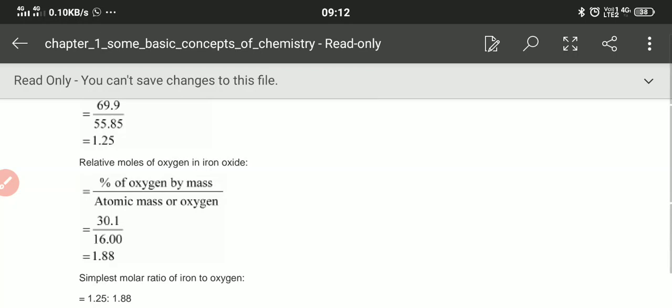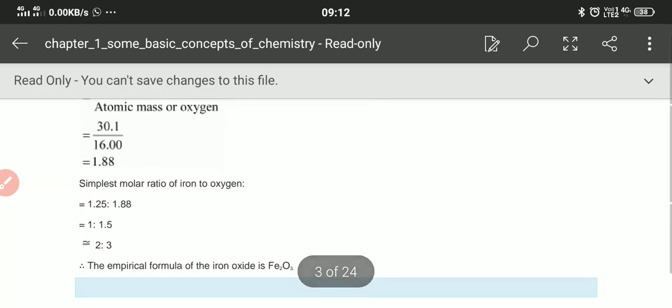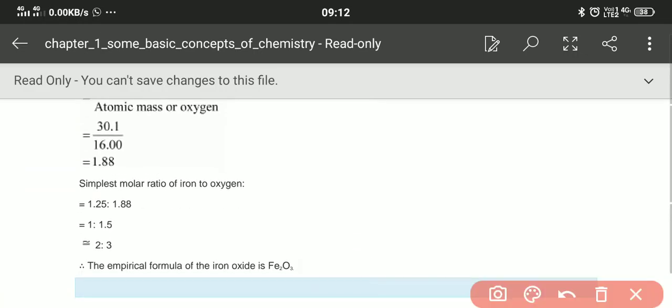And 1.25. Now we have the ratio 1.25 to 1.88, it is the same as 1 to 1.5.